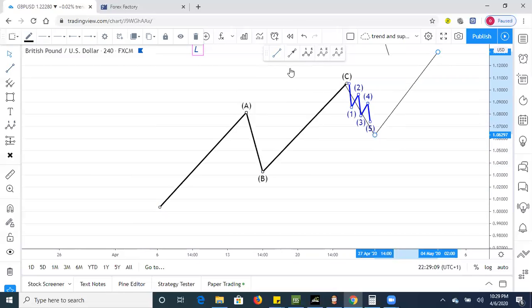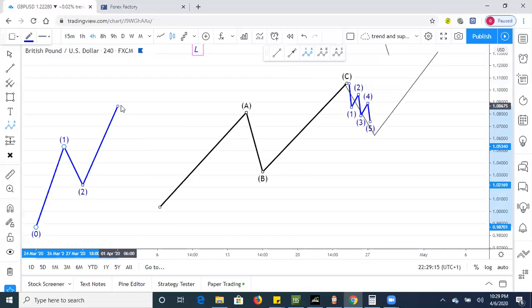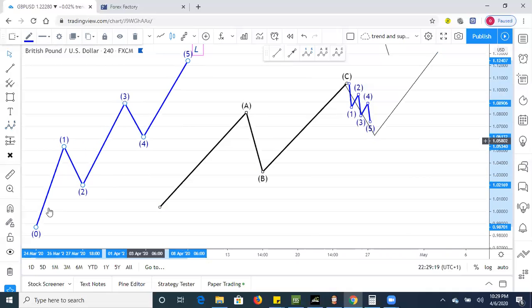Now, usually, this is what you see. Most textbooks will give you things like this, right? You'd notice that wave 0 to 1 is longer than 1 to 2. 2 to 3 is longer than 3 to 4.